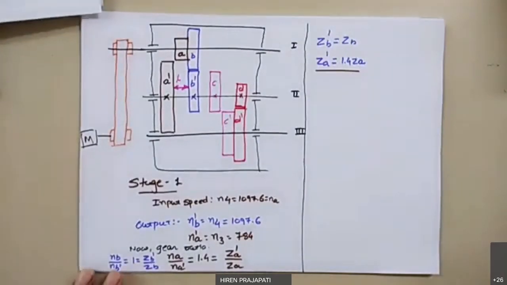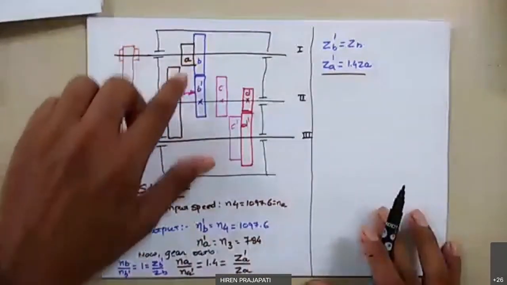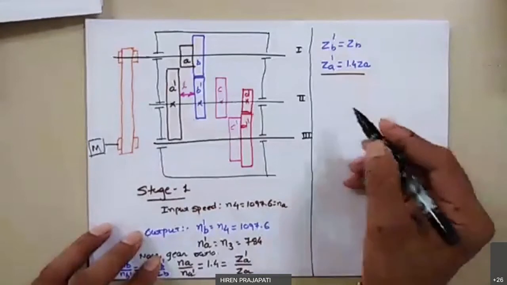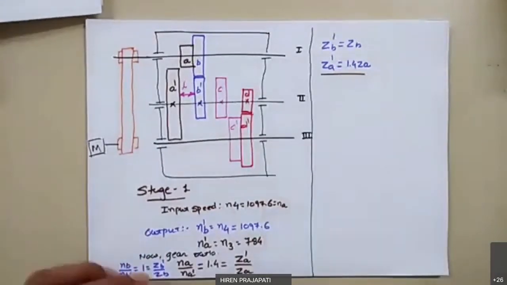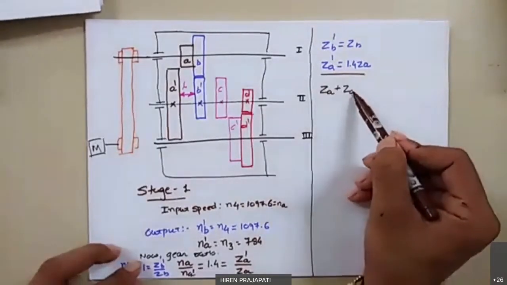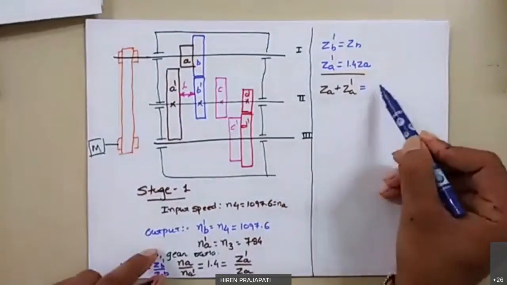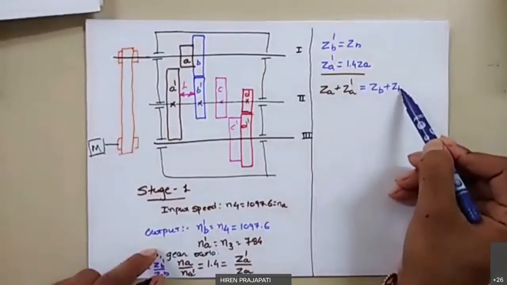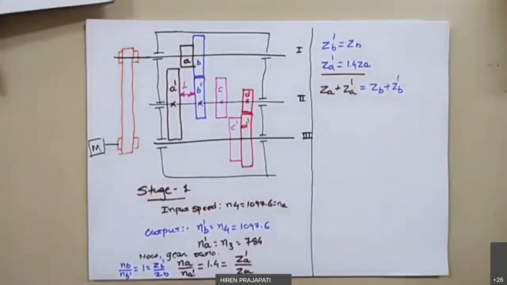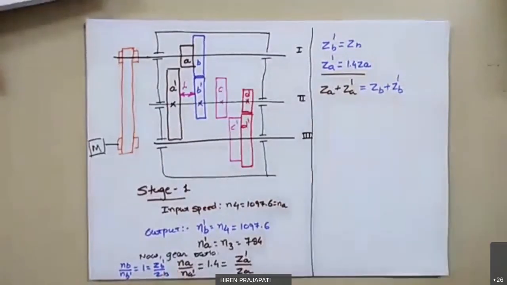Now next, if you recall our condition, the sum of the two gear pairs remains the same, as for the gearbox layout. You remember that condition. Now let us apply that condition. Then ZA plus ZA dash is equal to ZB plus ZB dash, right? The condition we have seen in the last lecture, where we considered the same module for all four gears, right?